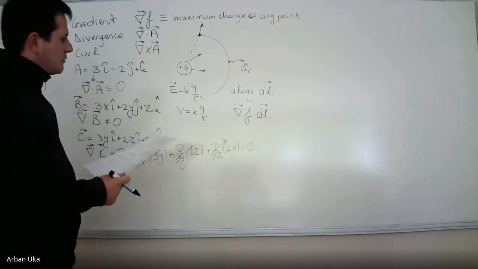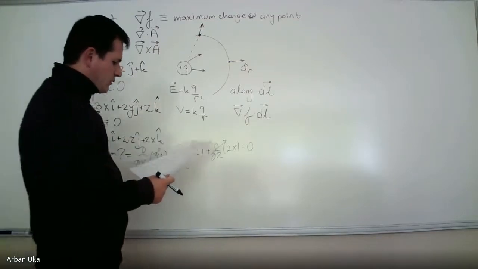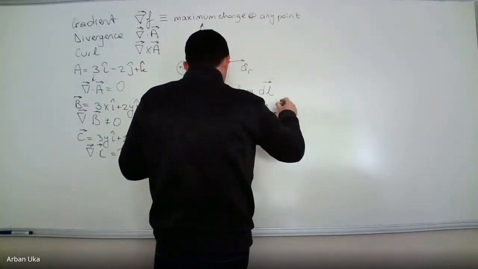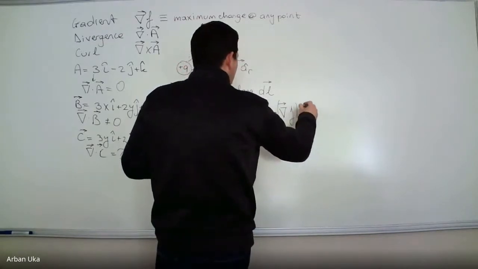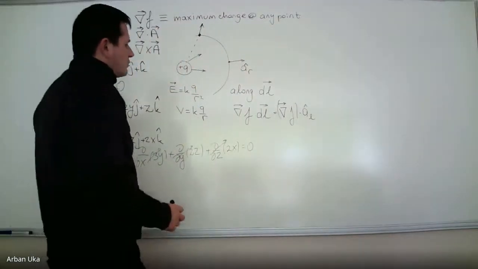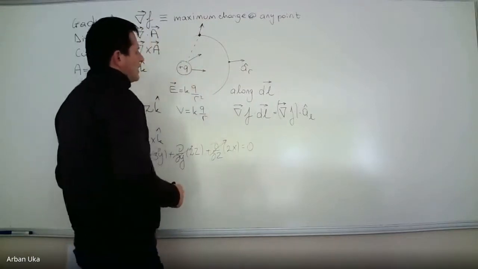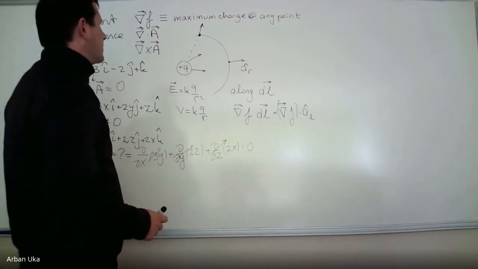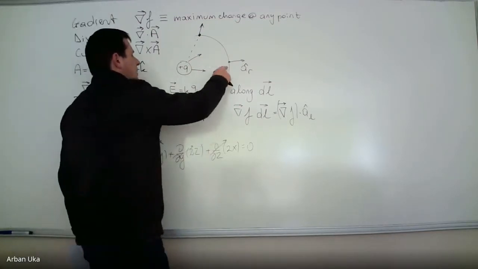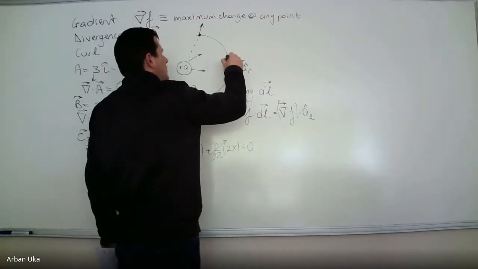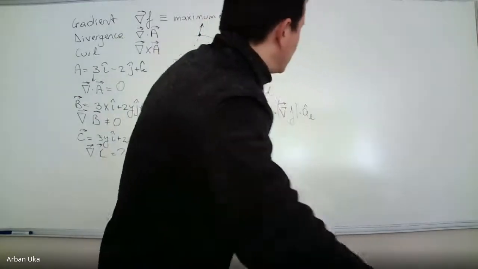Mathematically, this can be written as the gradient of f dot product dl, because dl is infinitesimally small. An example that we can ask here is the following: if this is the maximum direction of the change of the electric field or the vector field, how much change do we observe along this direction here?